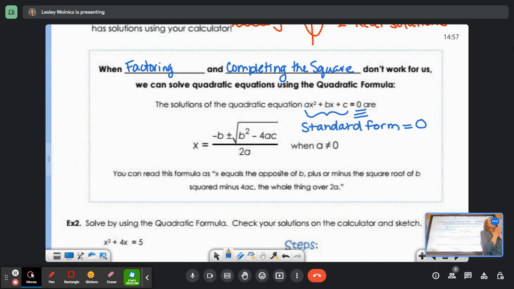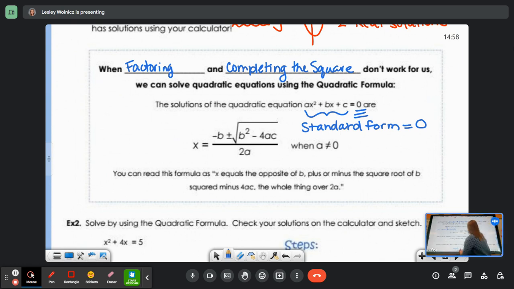This is our normal starting position. But if you don't have it in standard form set equal to 0, you're going to pick the wrong a, b, and c. You're going to plug in the wrong numbers, and it's going to mess up your whole thing, and you're going to get the whole problem wrong. Does that make sense? So this is mission critical, right?